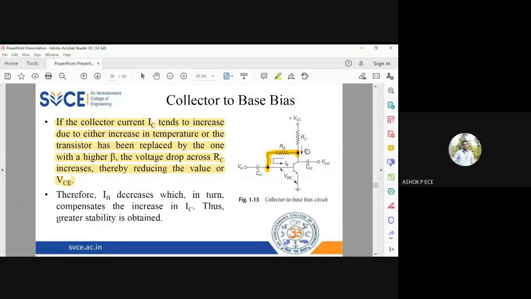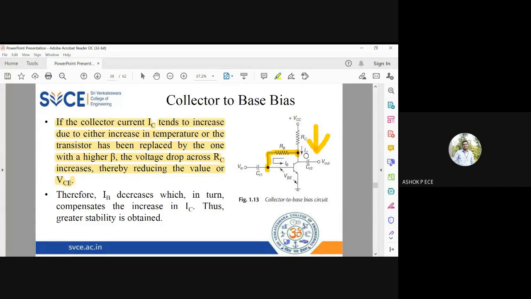What happens if collector current is going to increase or decrease? The base current will adjust accordingly to maintain a constant Q point. When IC is going to increase, IB will decrease, and when IB is decreasing, IC also will start dropping. So it is just like a feedback action, right?